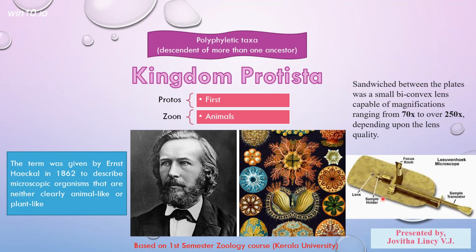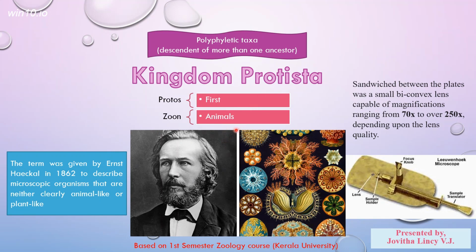So anyway, with the discovery of the first microscope itself, it got a hint of the first groups of animals or whatever organisms, and hence they classified it as Protista, meaning protos means the first and zoon means the animals.